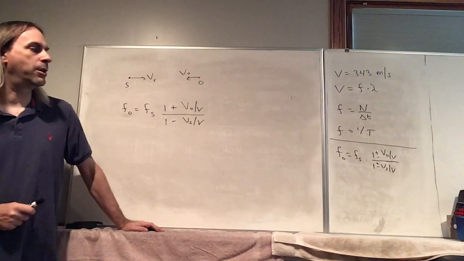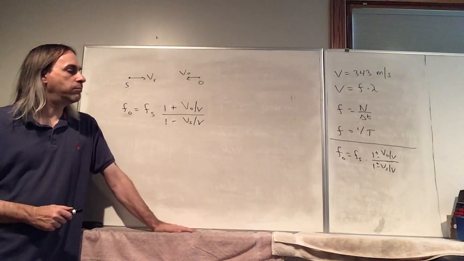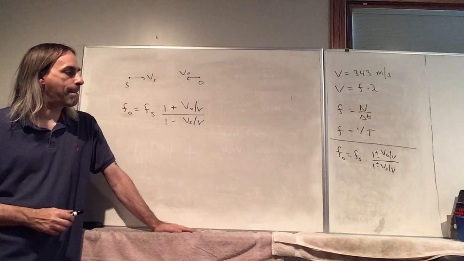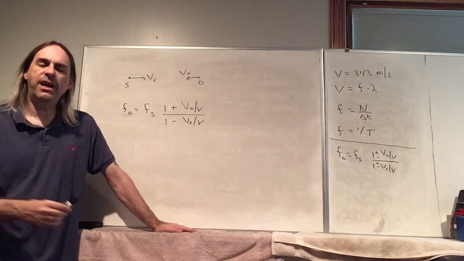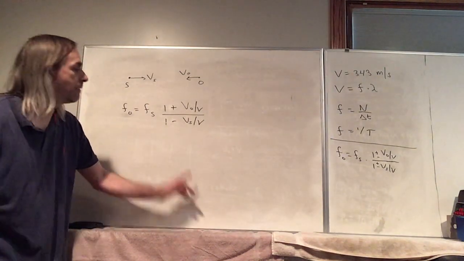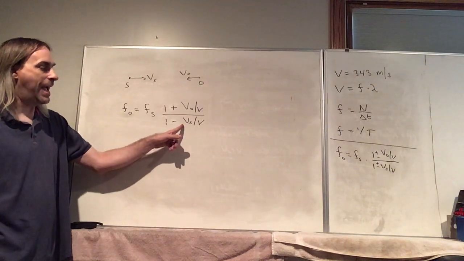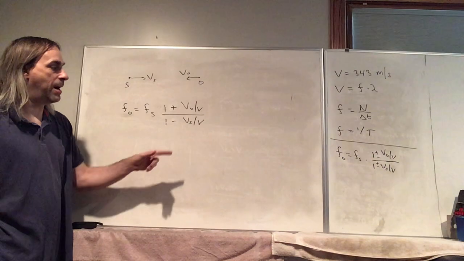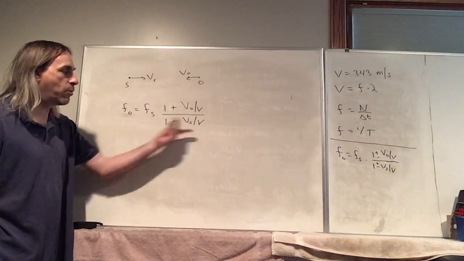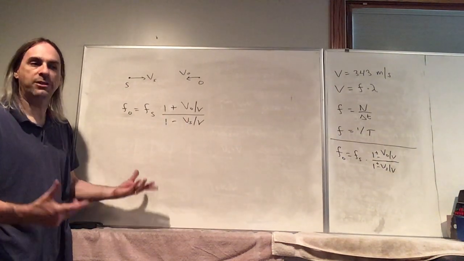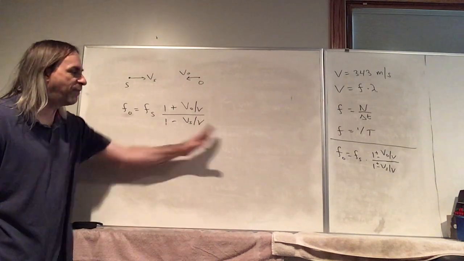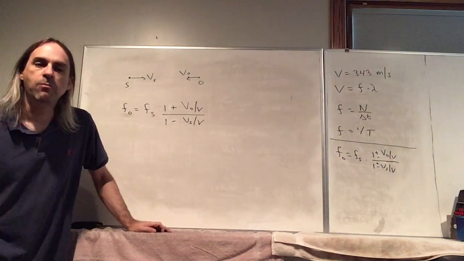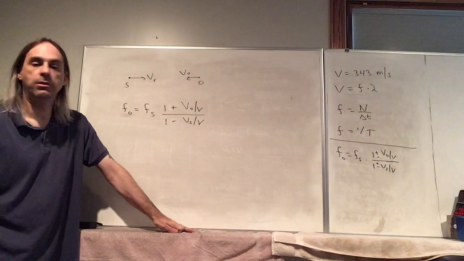Now I should point out one other thing. What if we have this ridiculous example where the source is moving, say, at the speed of sound? Then Vs divided by V is 1, and we're dividing by 0. So obviously that's a problem. And again, this formula only works if we're moving less than the speed of sound.